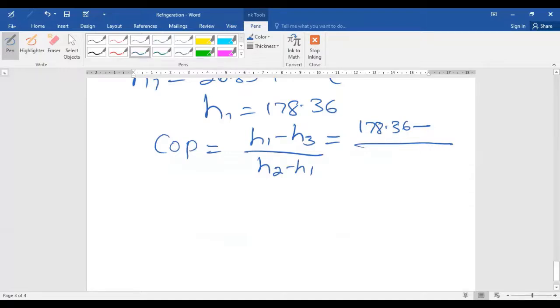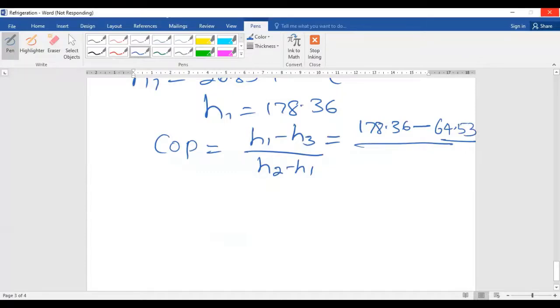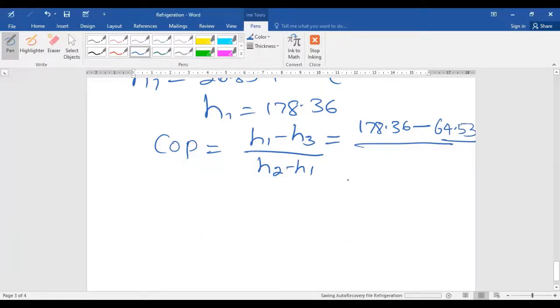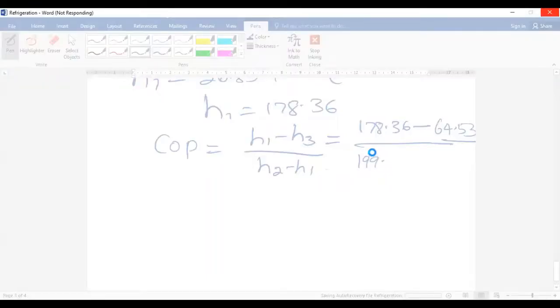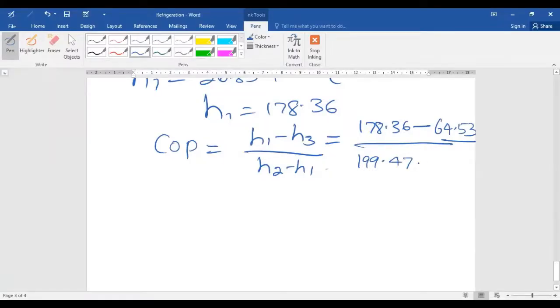H3 is 64.53. That is what we calculated in the previous step. Okay, next, how much is H2? 199.47 minus H1, which is 178.36. Okay. So after calculating this, I will get COP as 5.3.